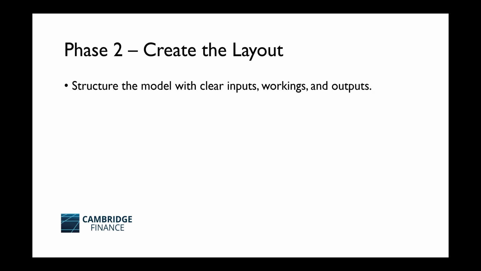Once you understand the outputs, you can work out the method we need to use, i.e., are we going to use a cash flow, will a profit and loss work, or do you need to build the three financial statements: a balance sheet, an income statement, and a cash flow?